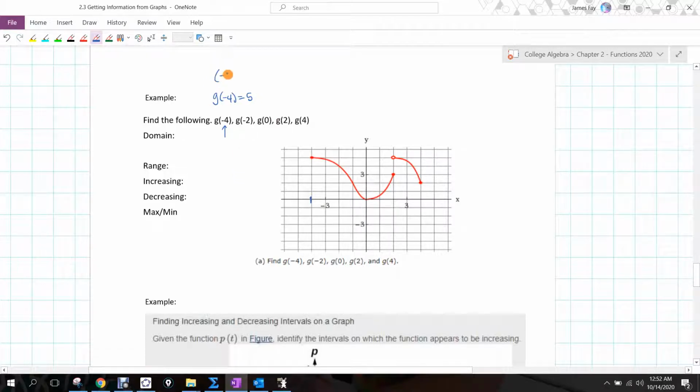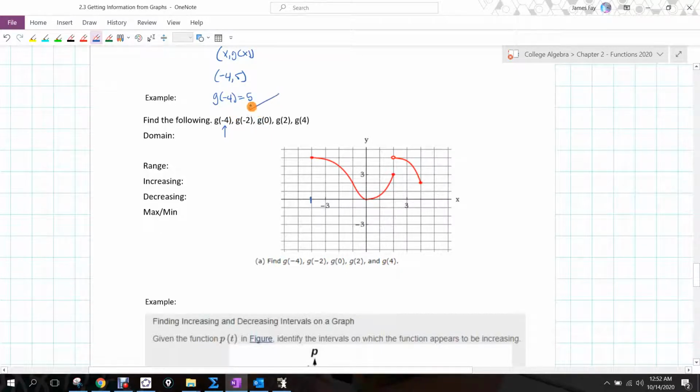That yields the ordered pair negative 4, comma 5. All of these ordered pairs are going to be of the format x, comma g of x. An independent value, comma, the function evaluated at that independent value.